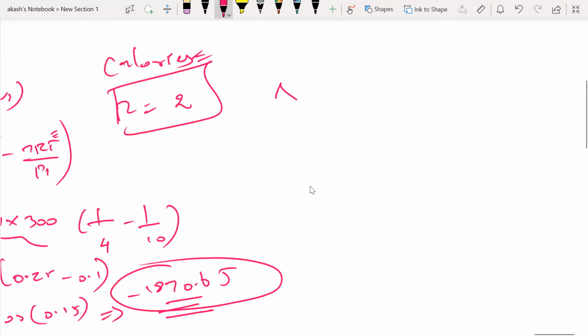What is the formula? Delta E. Sir, is it 5? 5 calories?